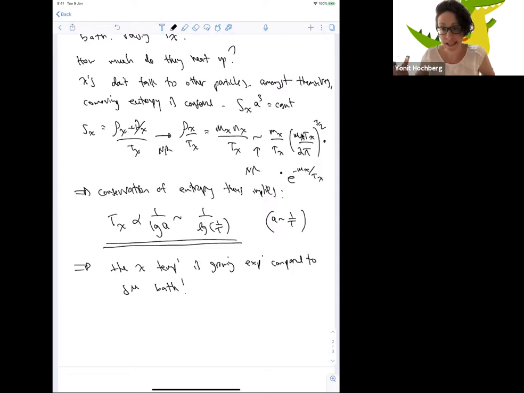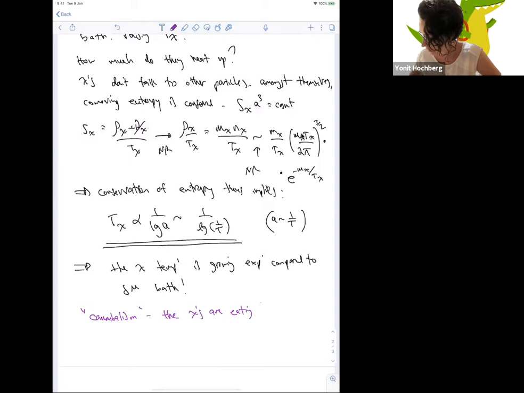Now, the reason that we call this cannibalizing, we could have written this also earlier, but we call this cannibalizing because you can think of it that the chis are eating themselves through this 3-2 process in order to stay warm. So that's the origin of the name cannibalism, or undergoing cannibalization, because the chis are eating themselves to stay warm.